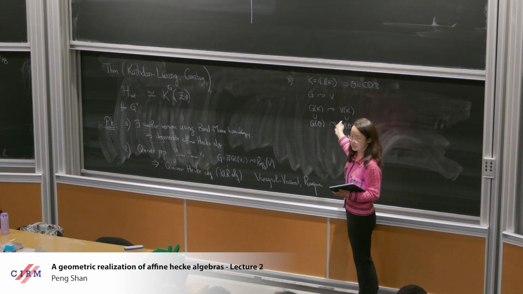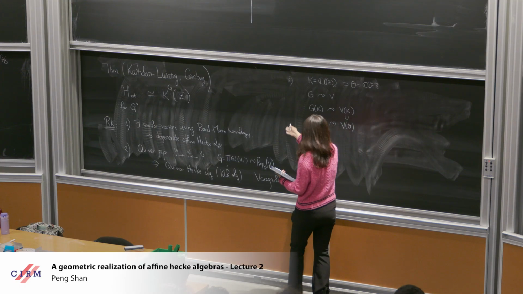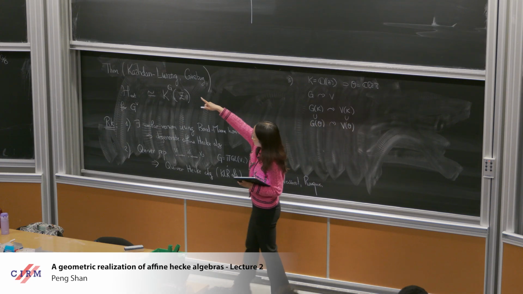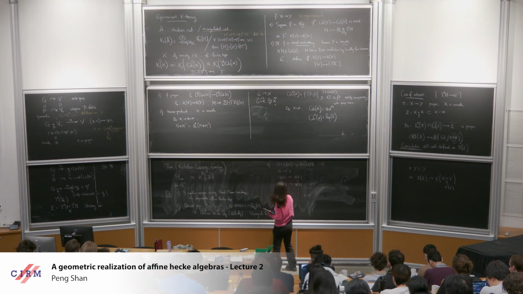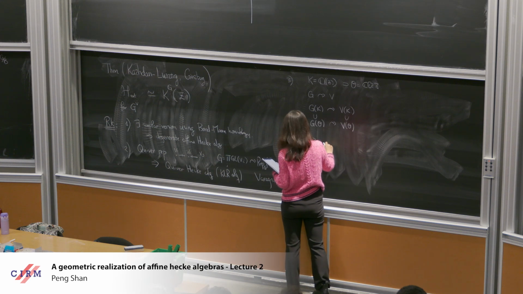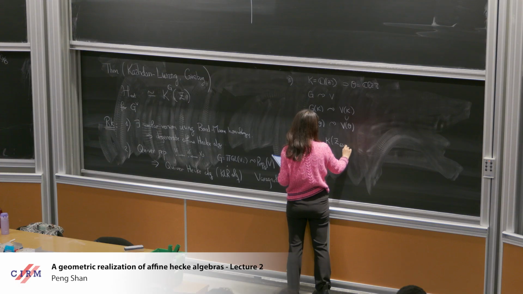Everything is a bit infinite here, but you can reduce to finite cases, and all this kind of thing still works. If you start from this setting and consider the corresponding convolution algebra, you get K of some Z attached to these data, G_K, V_K.